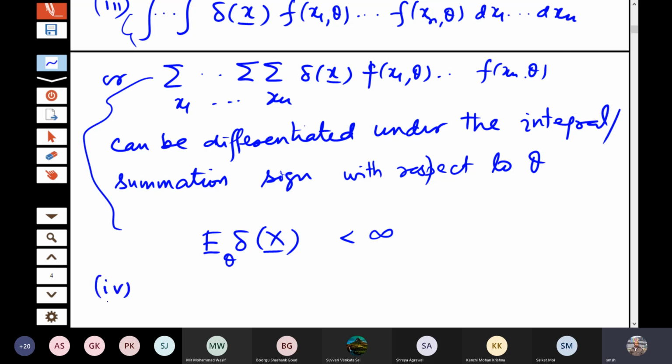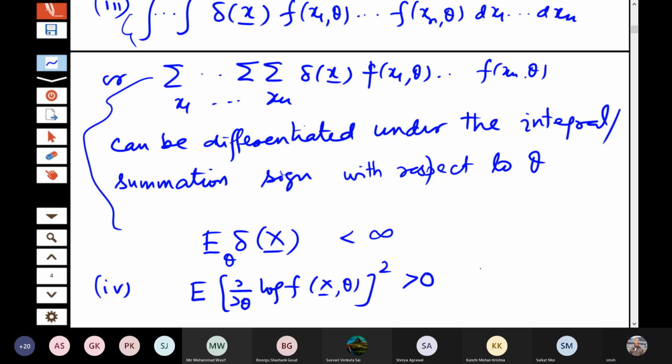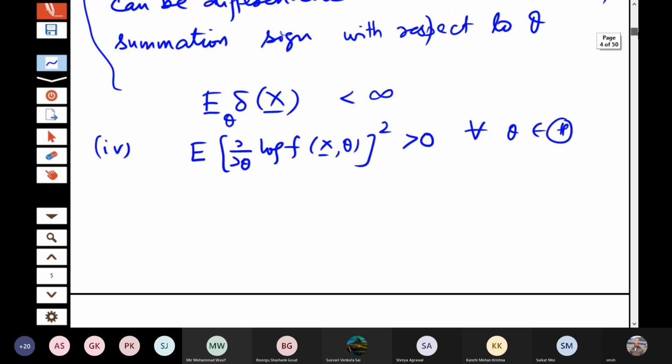So the next one is that the expectation of del by del theta log of f(x, theta), whole square, is positive for all theta. Okay. So now I state the inequality here.